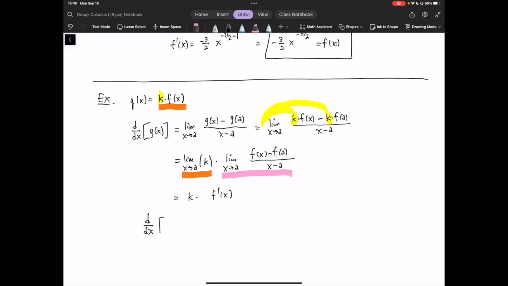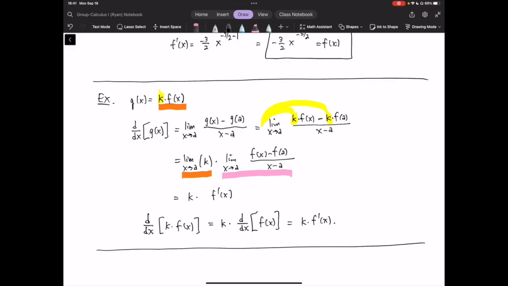We would write the derivative with respect to x of a constant times a function is equal to the constant times the derivative of the function. So the constant can come out, all right? We can factor it out, and then again, our notation for the derivative is that that's just f prime of x. Okay? All right, so we can factor out constants.